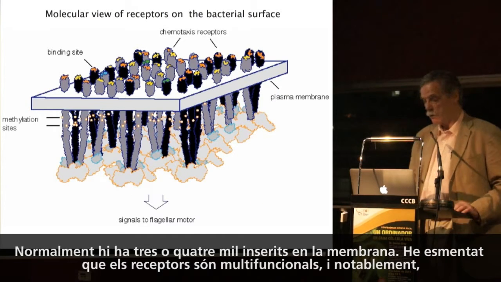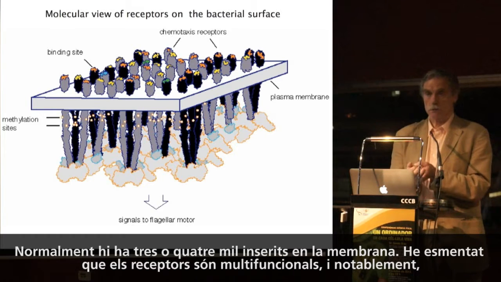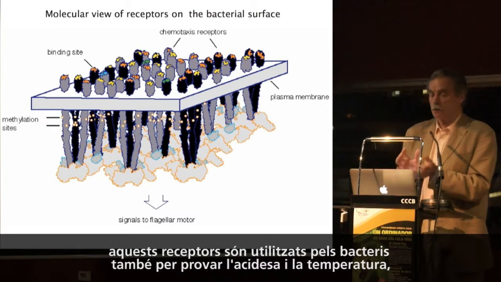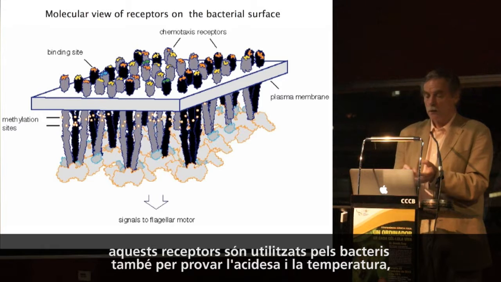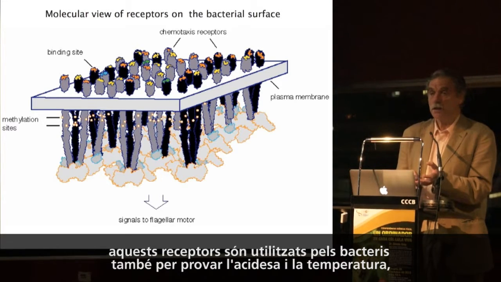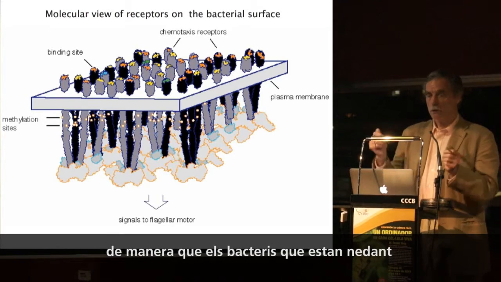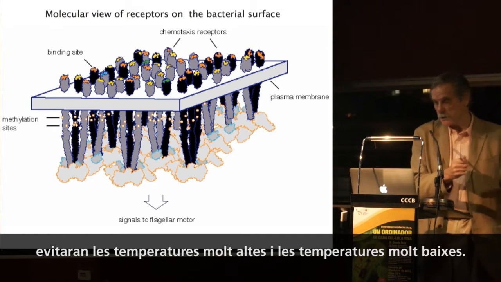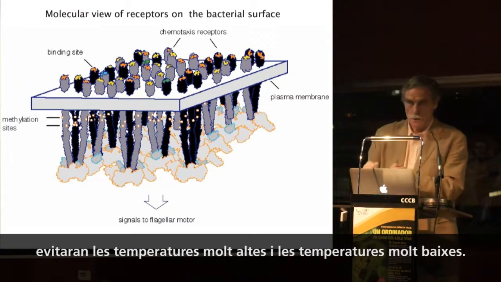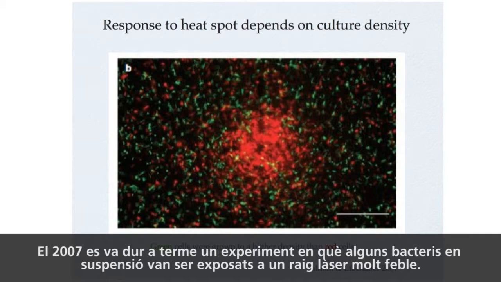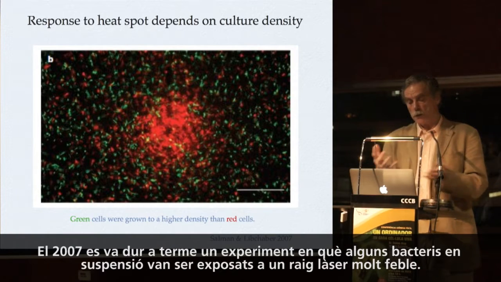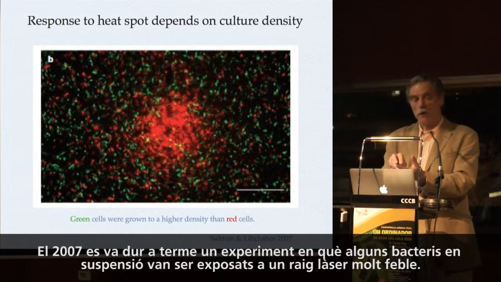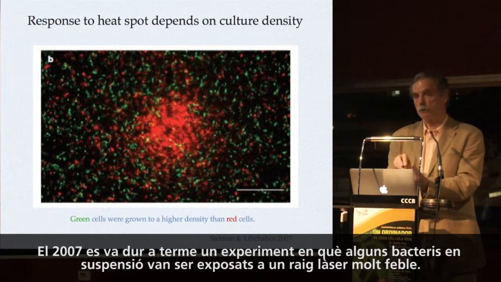Now, I mentioned that the receptors were multifunctional. And remarkably, these receptors are also used by the bacterium to taste acidity and also temperature, so that the bacterium swimming around will avoid very high temperatures and will avoid very low temperatures. An experiment was carried out in 2007 in which bacteria in a suspension were exposed to a very weak laser spot.